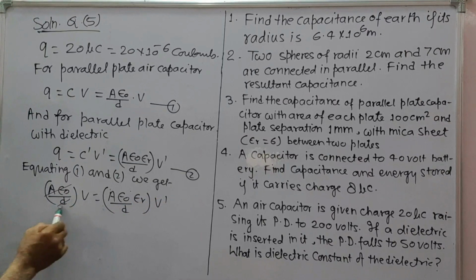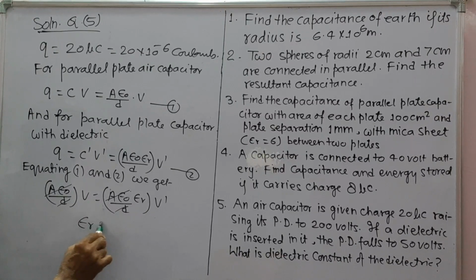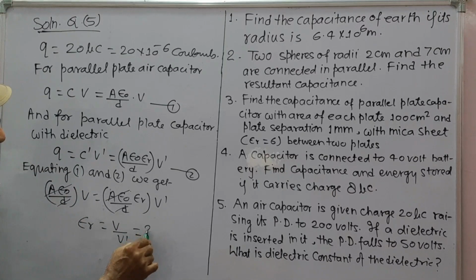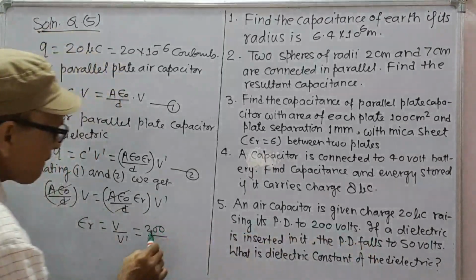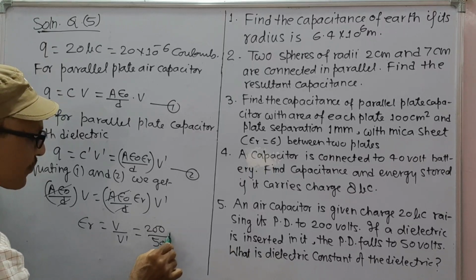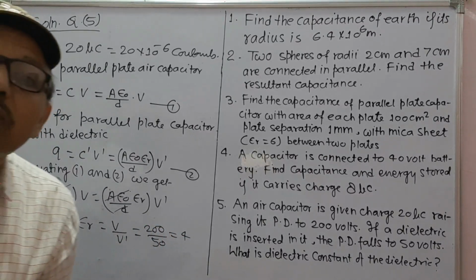A epsilon naught upon d cancels out, so we get epsilon R as V upon V dash. V is 200 and V dash is 50. So we get dielectric constant as 4.